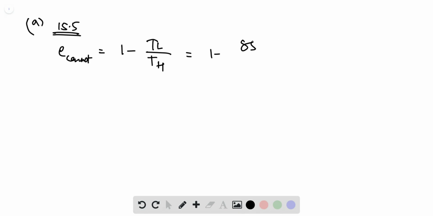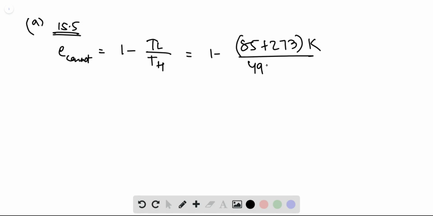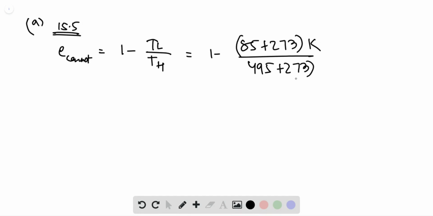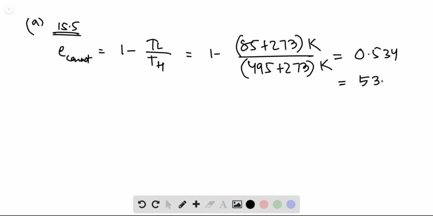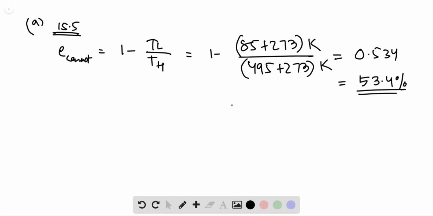So we have 85 plus 273 Kelvin here, and then this much in the denominator, and this is equal to 0.534. Multiplying it by 100, we get the percentage, and that is equal to 53.4%.